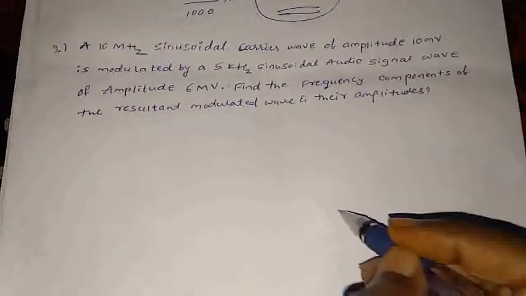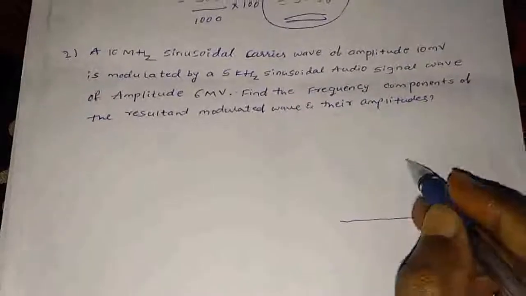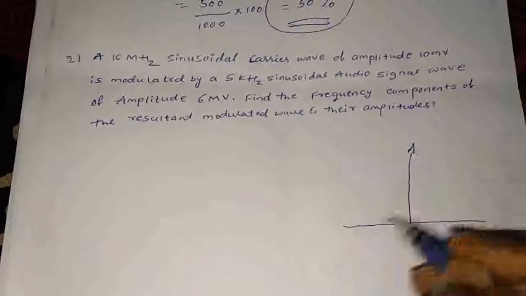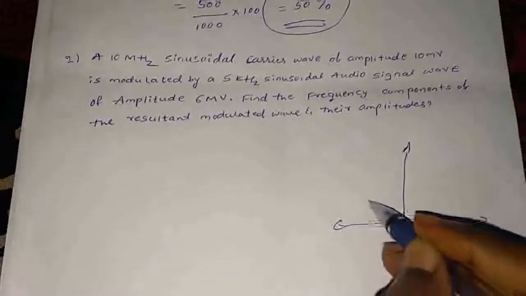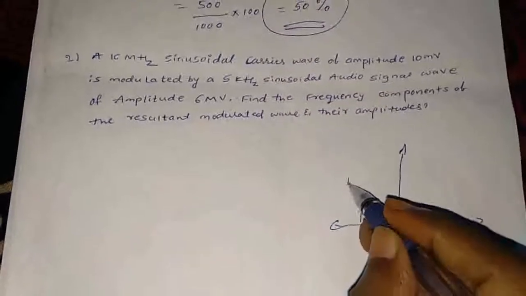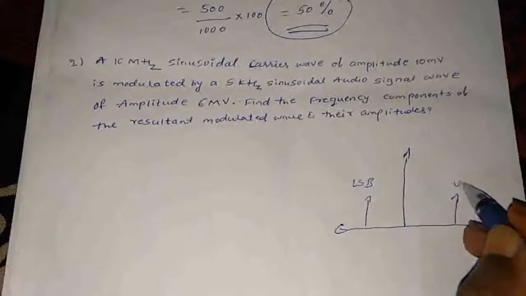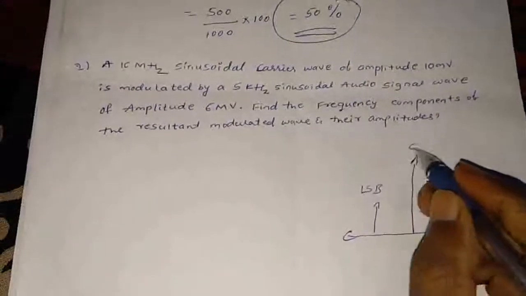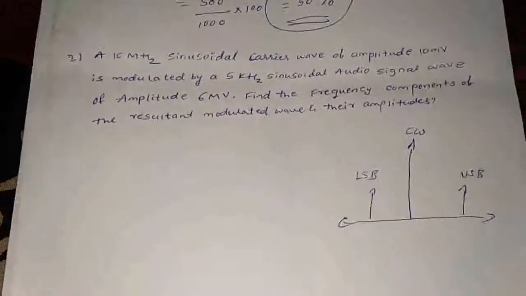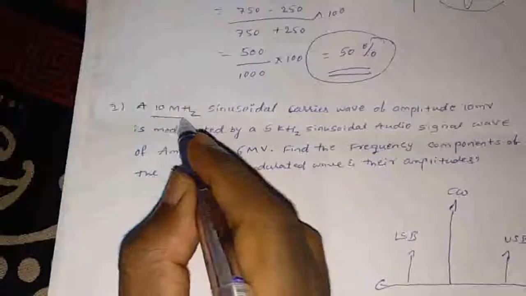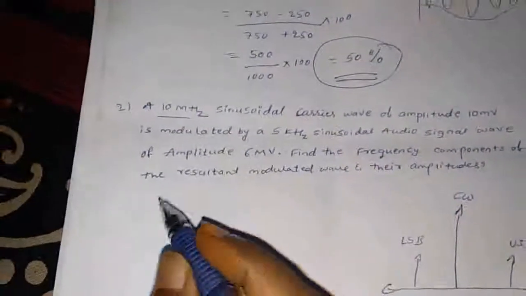See the diagram of the sideband frequency, that is the frequency spectrum of amplitude modulation. This is the LSB, this is the USB, and this is the carrier wave. Here it says a 10 megahertz sinusoidal carrier wave.